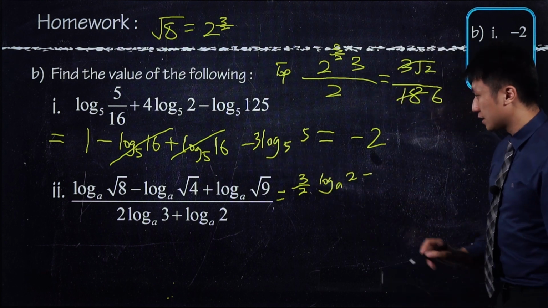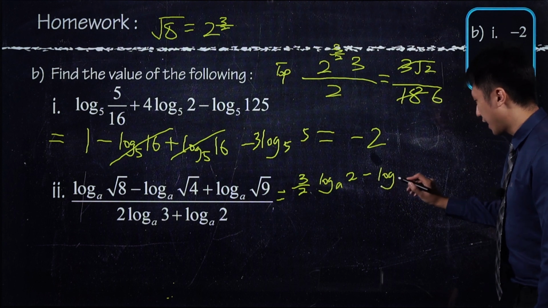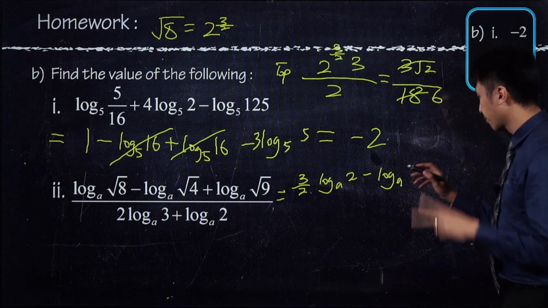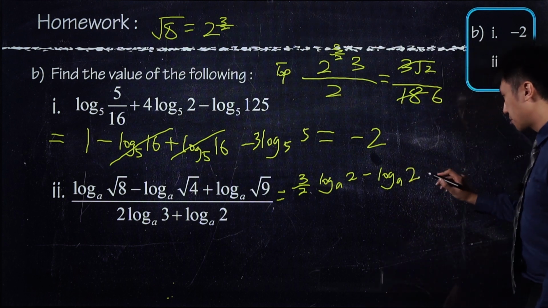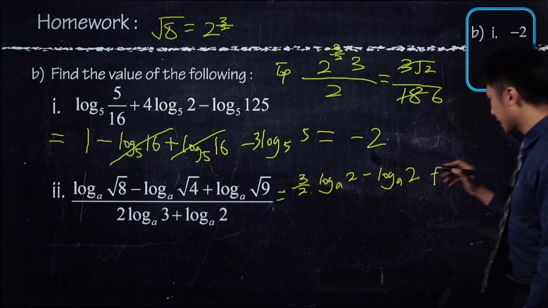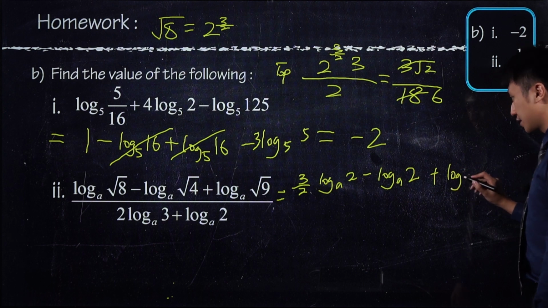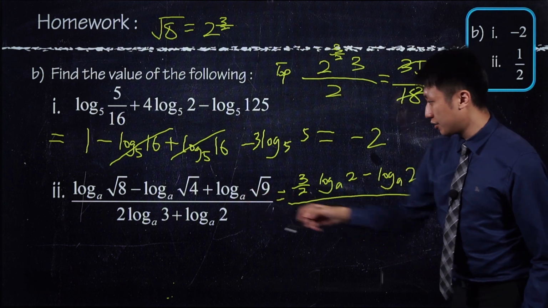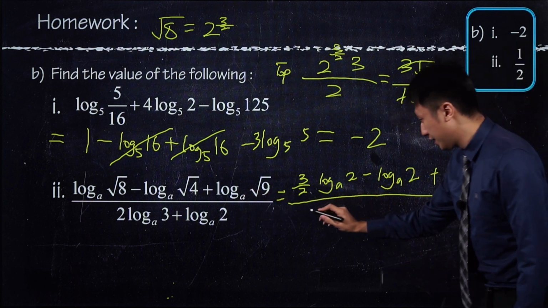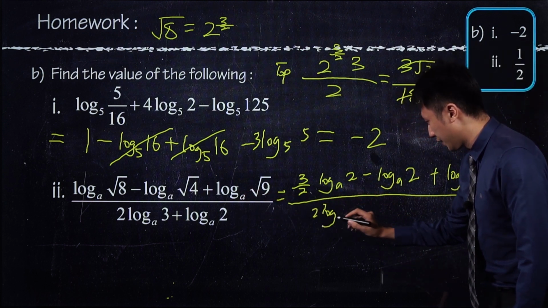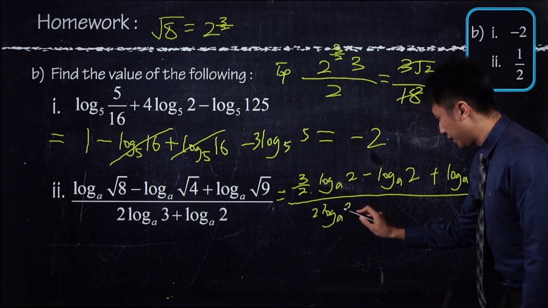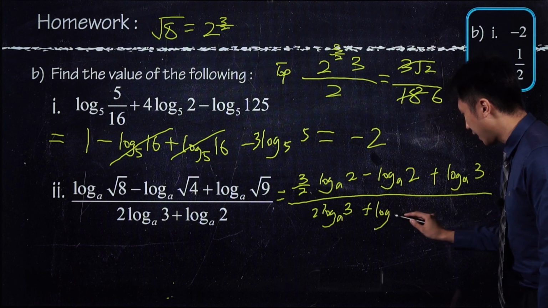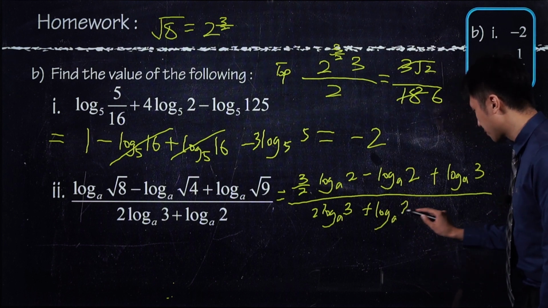Then minus log a, square root 4 is 2, then plus square root 9 is log a 3 divided by 2 log a 3, and plus log a 2.